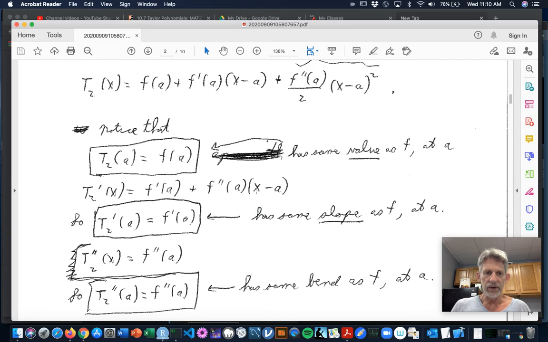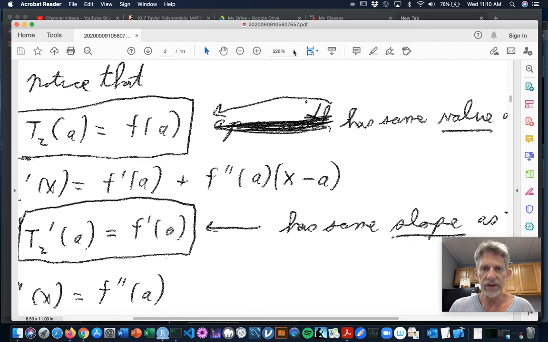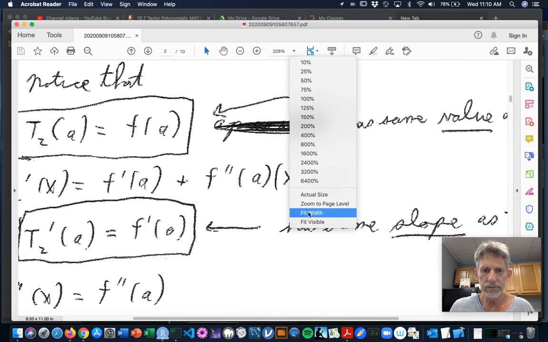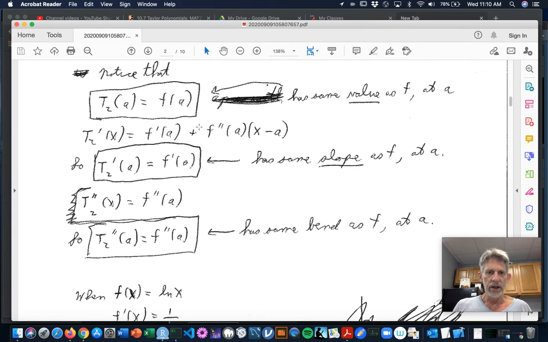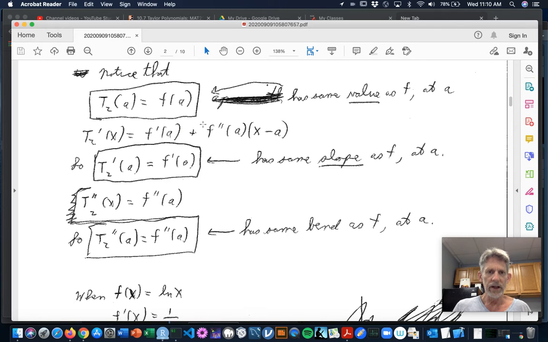Okay, and so then just take that derivative and plug in a for x. When you plug in a for x, this will be a 0, because you'll have an a minus a right here.